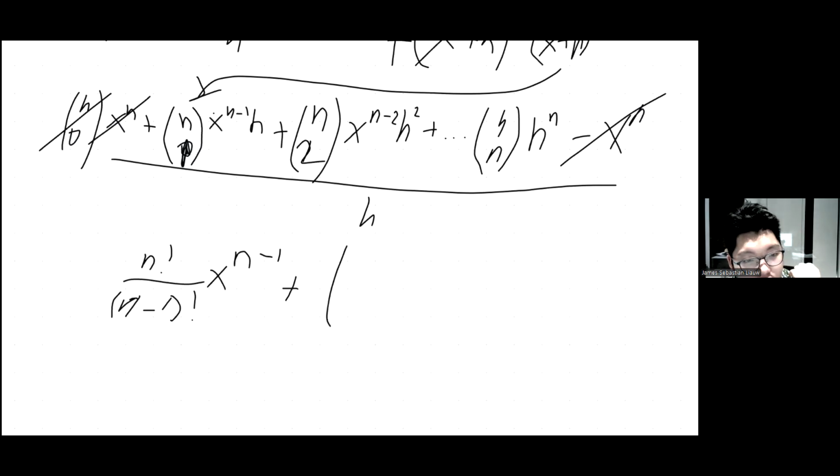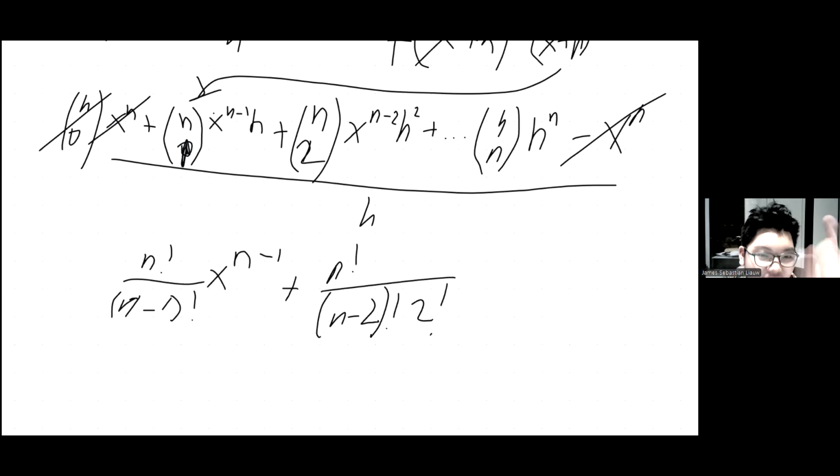So essentially we can rewrite everything here as that factorial term times 1, because h and h have cancelled out, times h power 1, because h squared and h cancel out to make h, and this goes on until n factorial over n factorial.